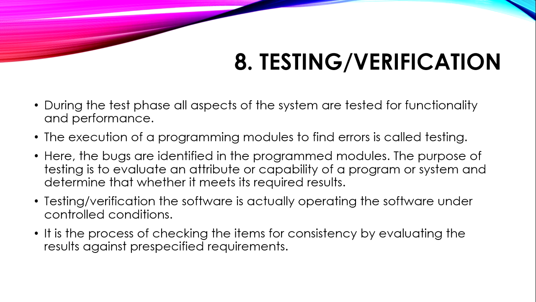The main purpose of testing and verification of the system is to determine whether it meets its required results or not. In testing and verification, the software is actually operated under controlled conditions. It is the process of checking the items under consideration by evaluating the results against pre-specified requirements.